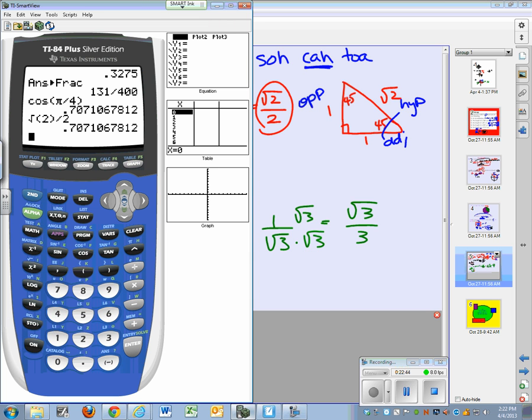So we're going to do 1 divided by the tangent of pi over 3. And if you plug in the square root of 3 over 3, which we found as our answer, that's going to be the same value as what your calculator gives you. Questions on that one?